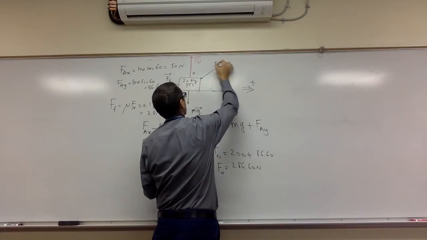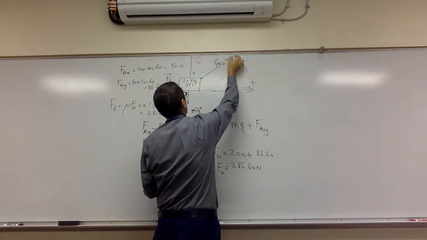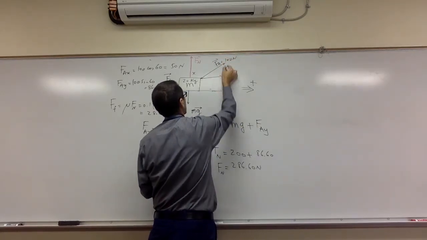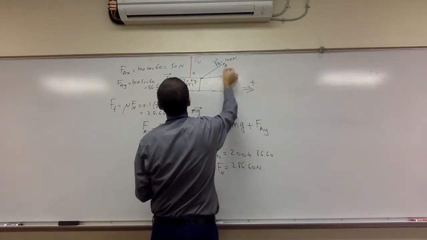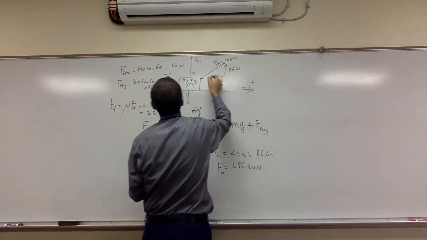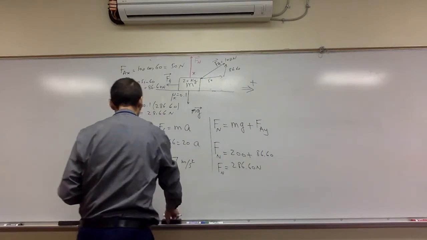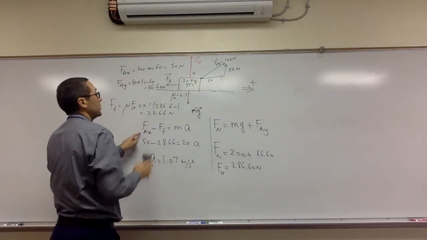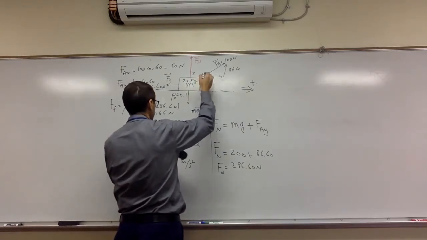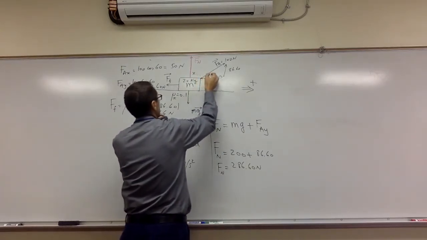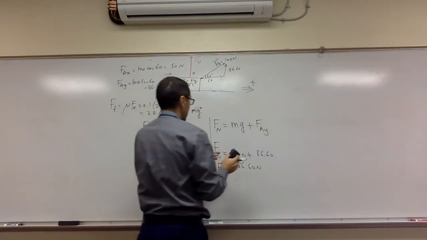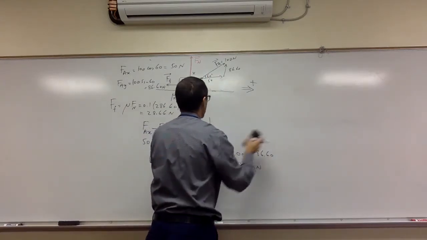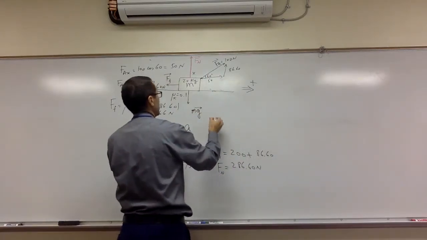So Fa is 100 newtons, and here are your components, which we'll erase later. So this one is 86.60, and this one is 50 newtons. Fax is not going to change because I'm keeping the same angle here. I think I did 60 degrees, yeah. The Fn will change. This statement will be different now. So that should be Fn.